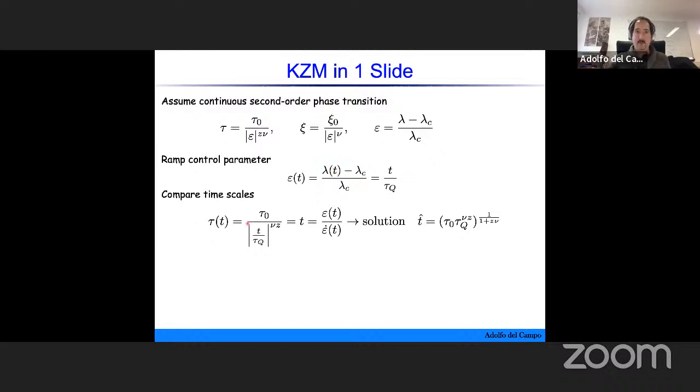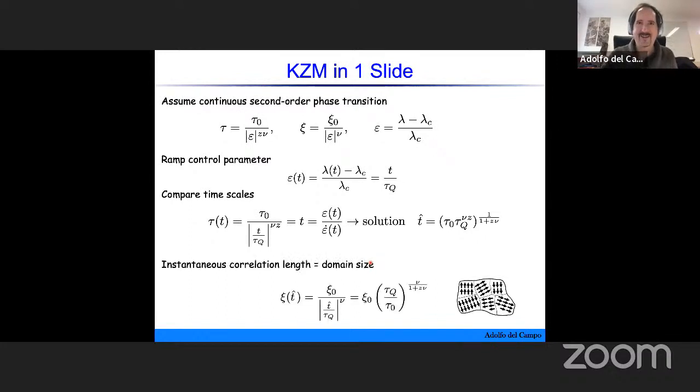Well, this matching of time scales, which is very intuitive, allows you to identify a characteristic time scale in which the system falls out of equilibrium. That's the so-called freeze-out time. And now you can also use it to estimate the associated correlation length.